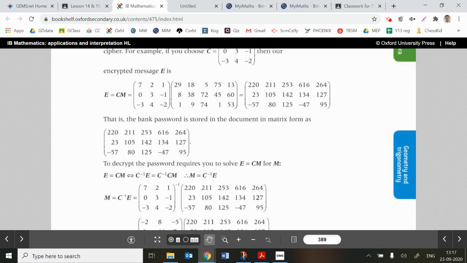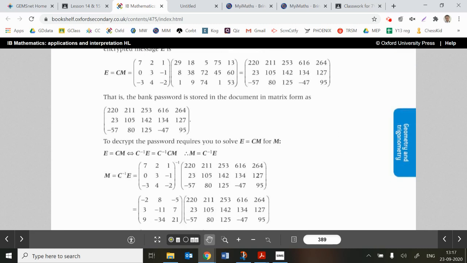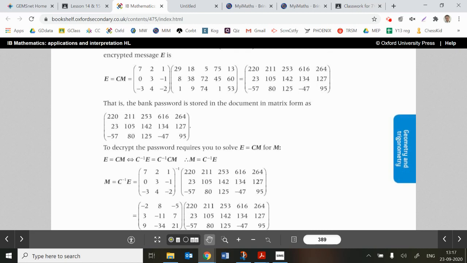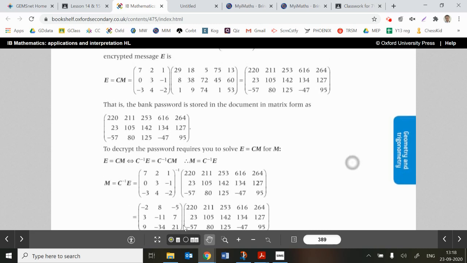So you can undo that now coded message by doing C to the -1 of this encrypted message. If we wanted to go back and find what the password was from the encrypted message, to hack it if you like, we can do C to the -1, so the inverse cipher, which will take us back to the original message.